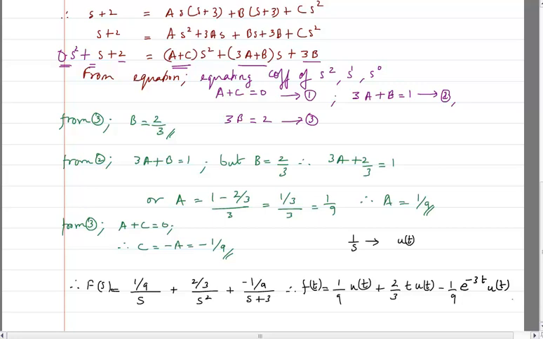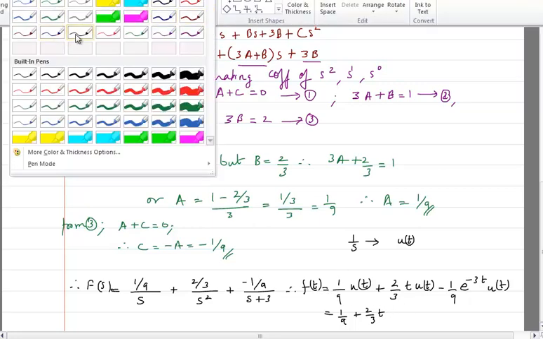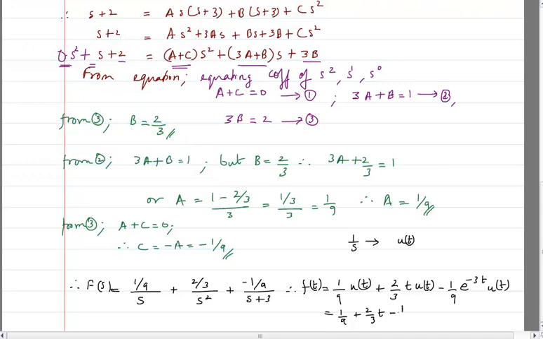So this can be written also as 1 by 9 plus 2 by 3 t, minus 1 by 9 e raised to power minus 3t, and then write u of t as common, or I can write for t greater than 0.